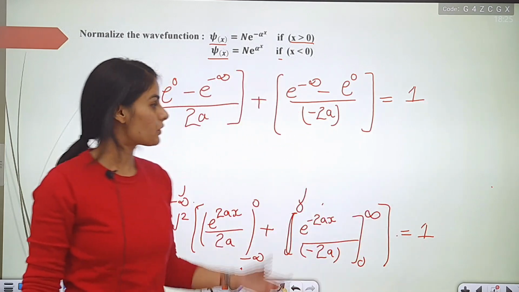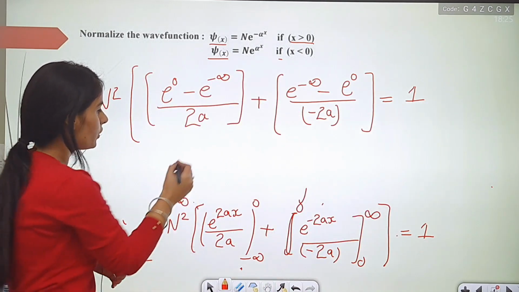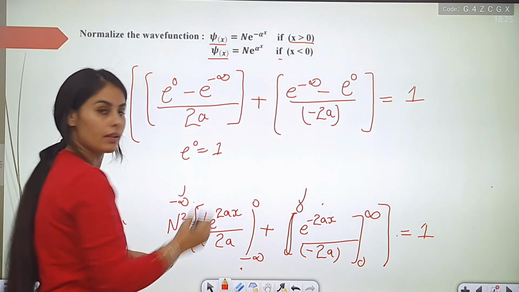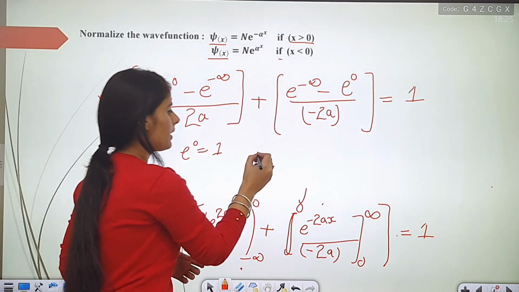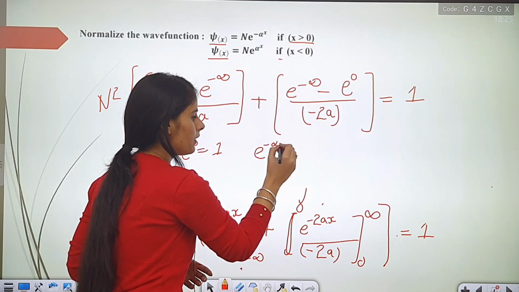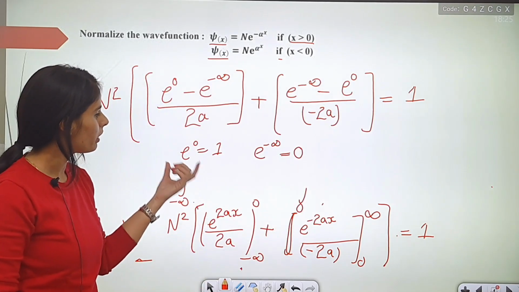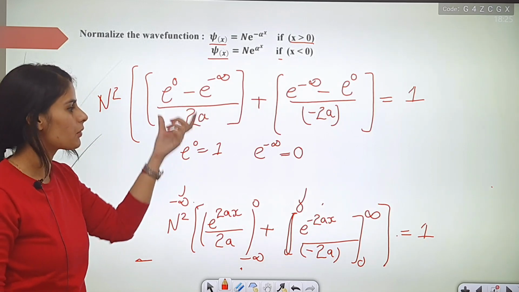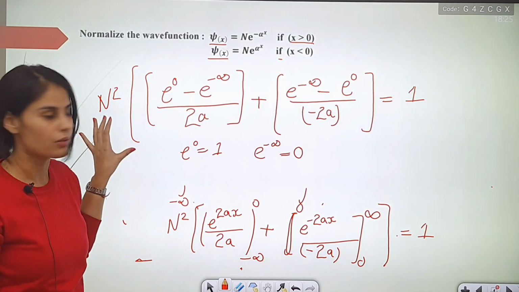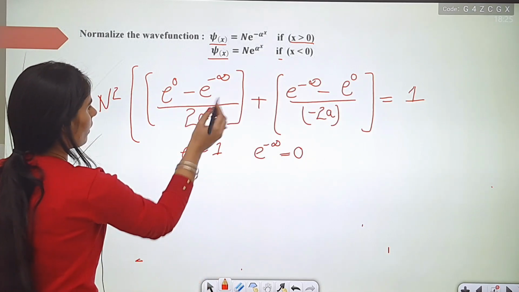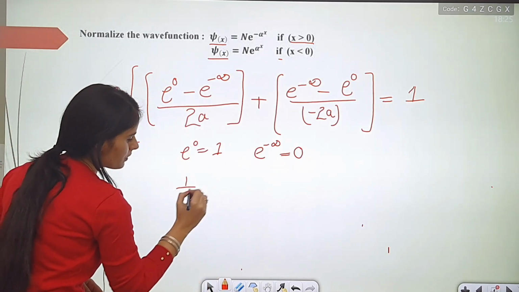1. So, we'll again, as we know, e raised to power 0 is equal to 1 and e raised to power minus infinity is equal to 0. So, we'll put both these values in this equation and try to find the value of n square. So, this is 1 upon 2a.